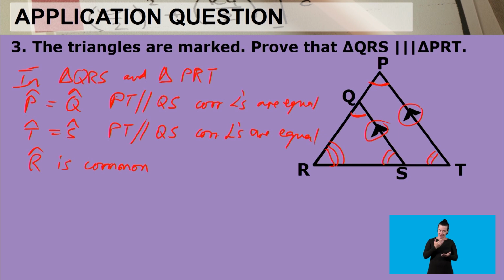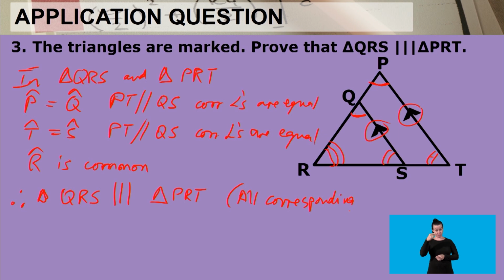Therefore, we are able to say triangle QRS is similar to triangle PRT, and that would be because all corresponding angles are equal.